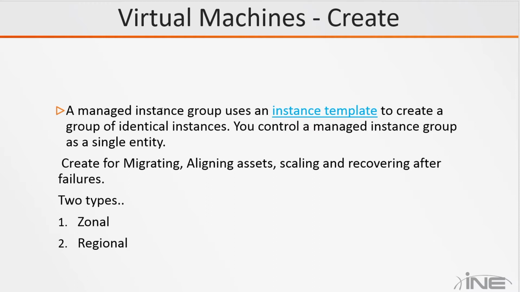Now, let's say, for example, if you have 10 virtual machines, then those 10 virtual machines you could put into an instance group and manage them as if they're all one virtual machine essentially. And so it helps you scale and manage those resources effectively.